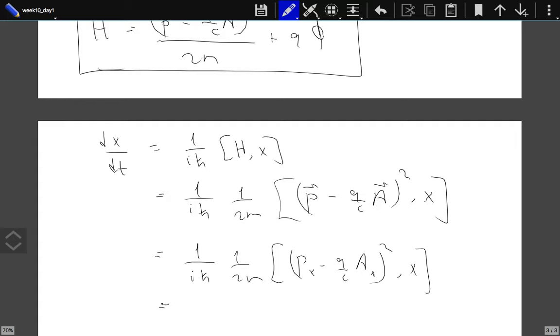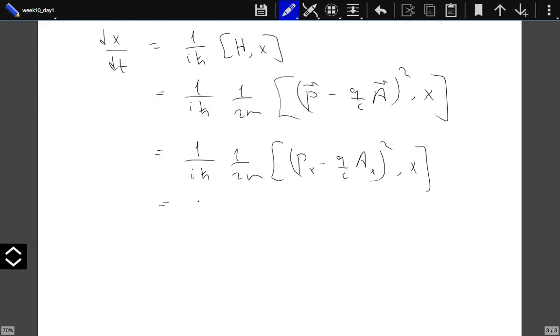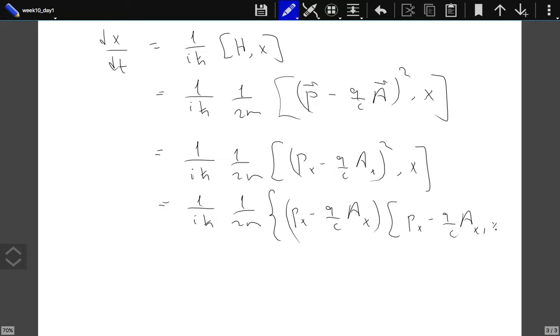Now basically A commutes with x, since A depends on position. Py and Pz also commute with x. It's only Px that will not commute with x. This is equal to 1 over I h bar, 1 over 2m, Px minus Q over C Ax times Px minus Q over C Ax, x plus minus Q over C Ax x multiplied with Px minus Q over C Ax.